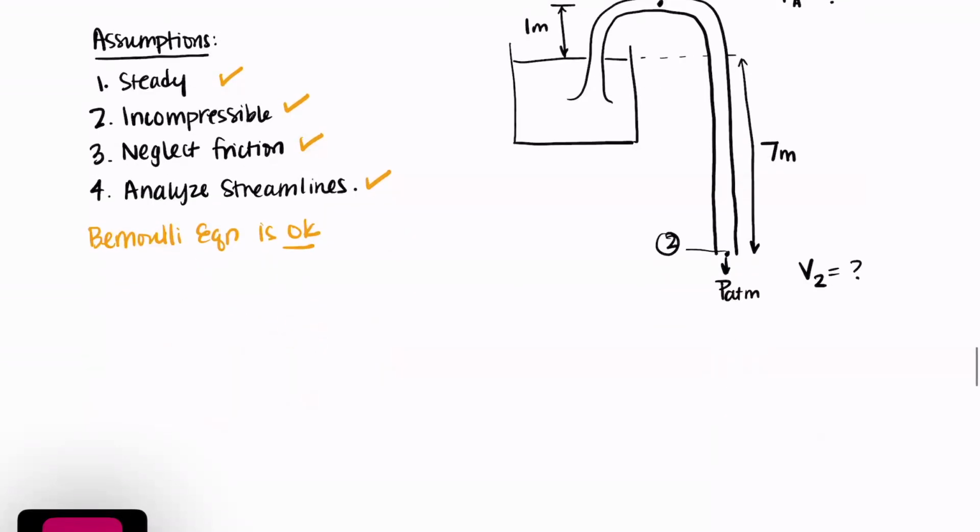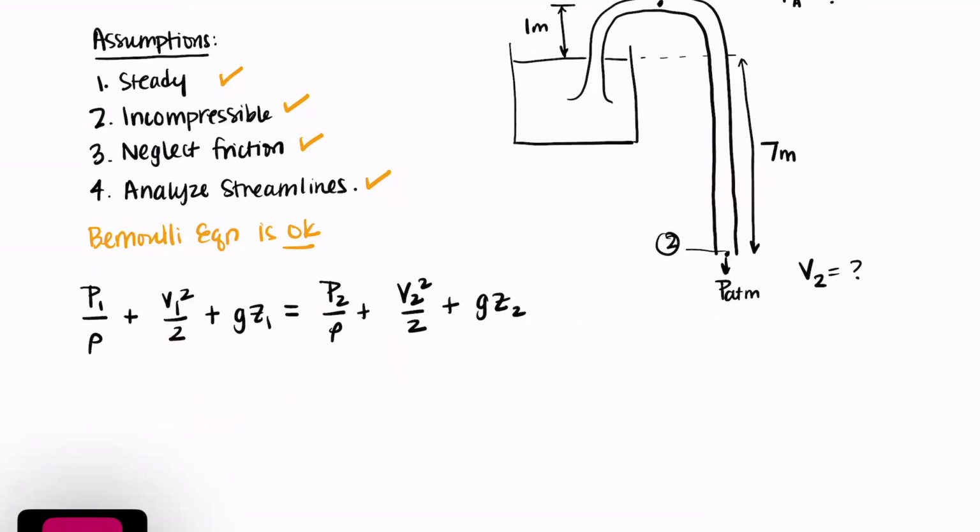And I'm gonna write it down. So we have P1 over rho plus V1 squared over 2 plus GZ1 is equal to P2 over rho plus V2 squared over 2 plus GZ2. Okay?